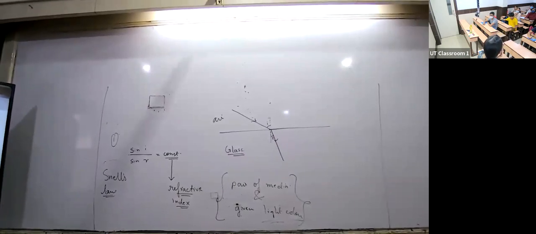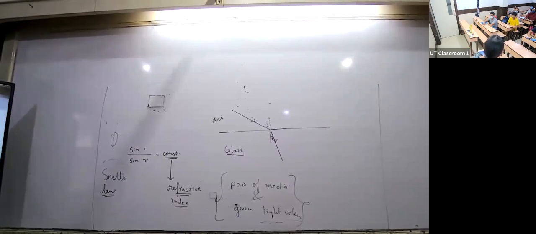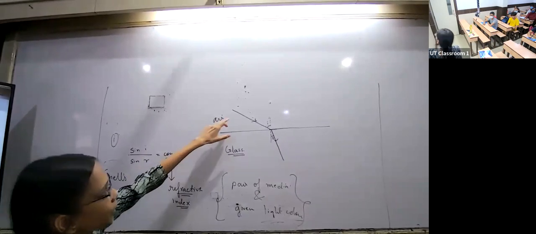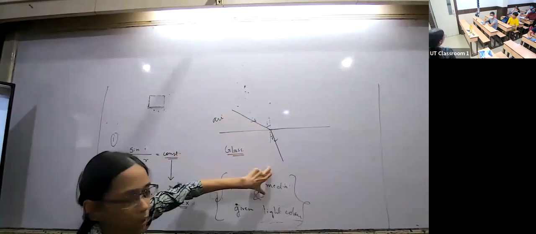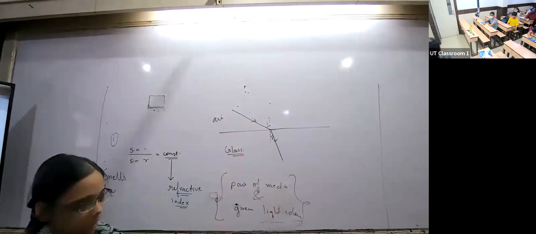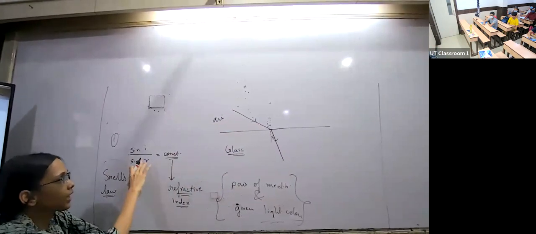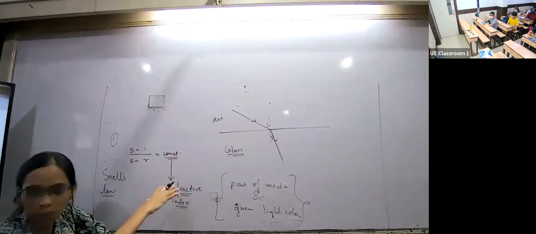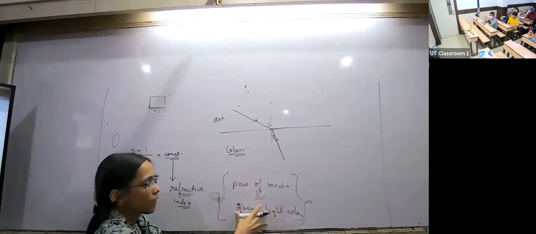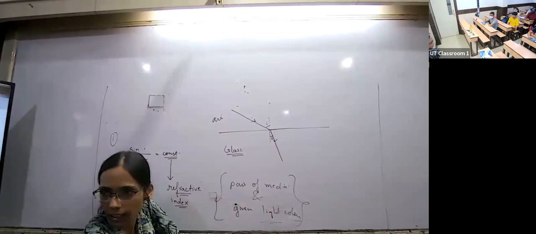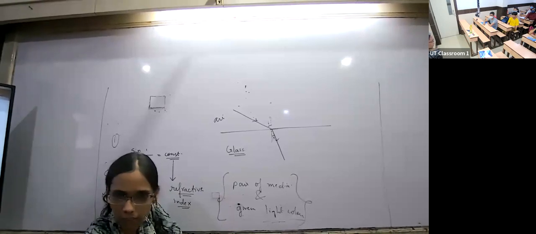And each of those colors also has a different speed. Okay, when you are defining Snell's law in your textbook, you have to make sure you put it very clearly that sine I by sine R is constant for a given pair of media and for the particular light color. For each light color it is different.